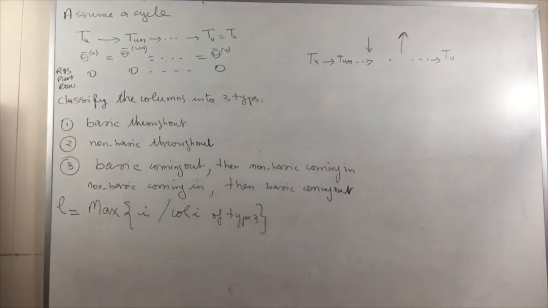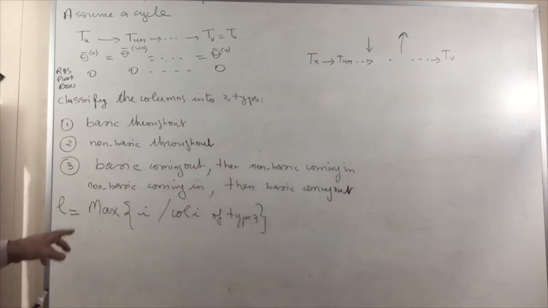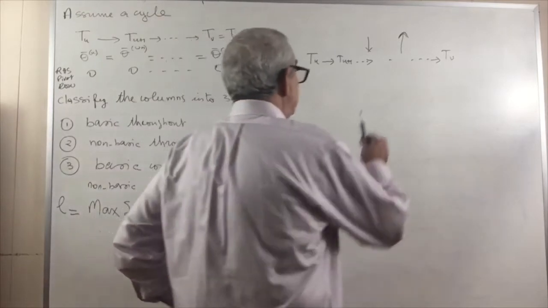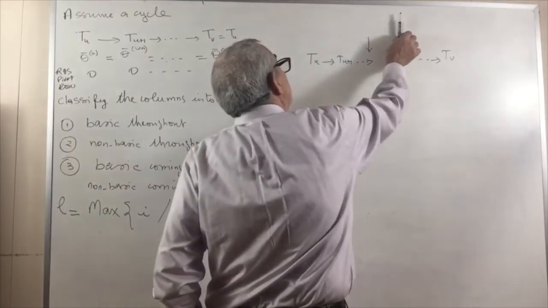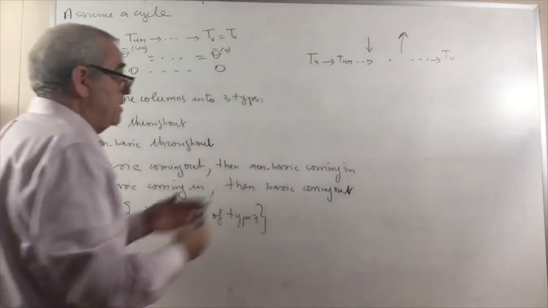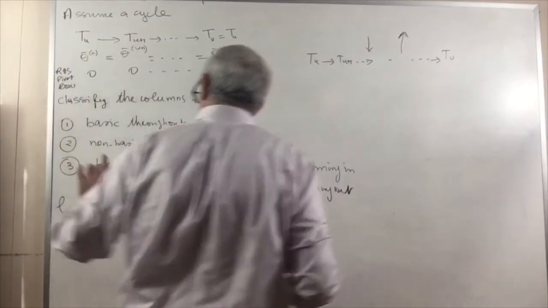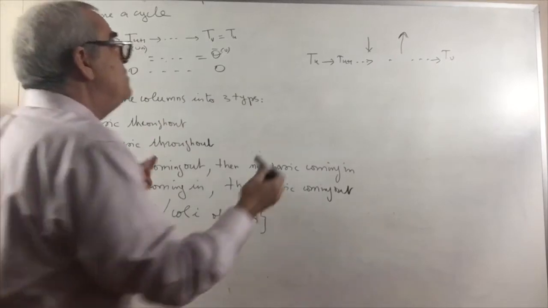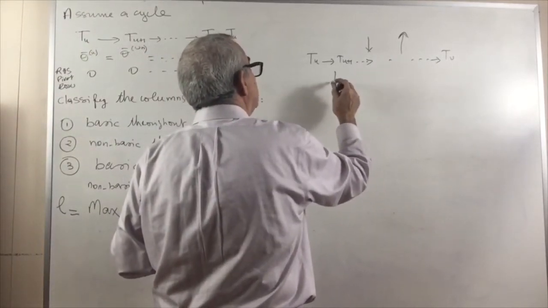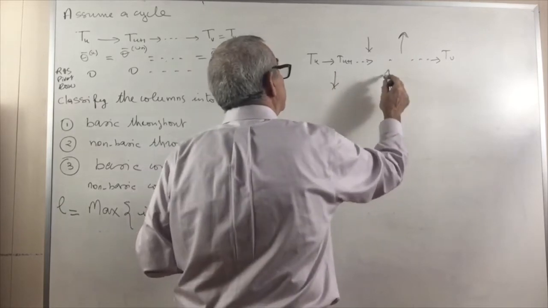For this column L, there is an iteration where it came in, and there is another iteration where it came out. Not necessarily in this order, because we have 2 cases here. We have the other case like this, coming out and then coming in.